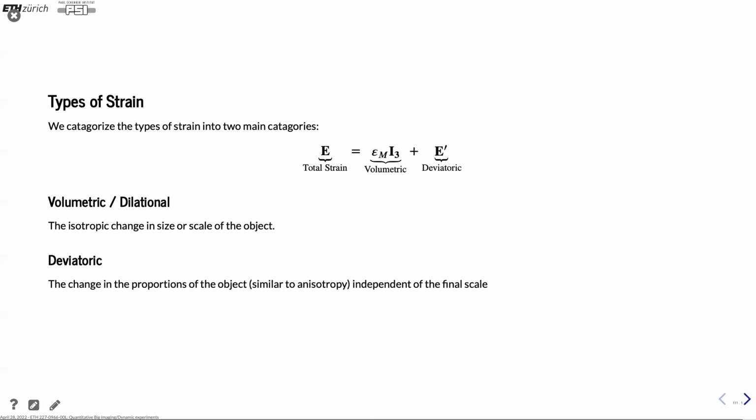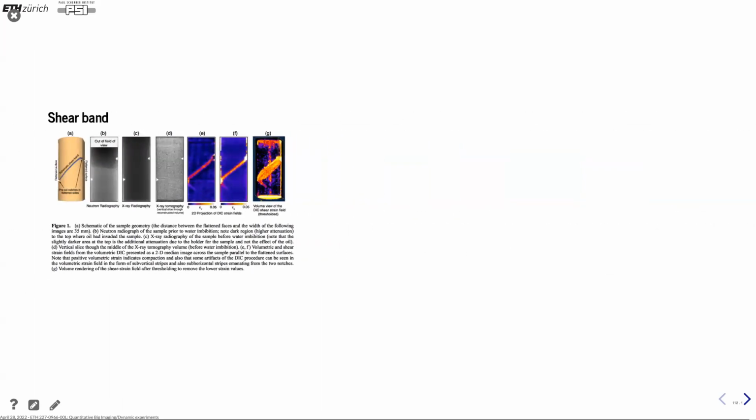So these two are described within the strain tensor. And here's an example, I think it's a sandstone column, where they had put some notches, and then they applied a force on the sample to create a shear band.